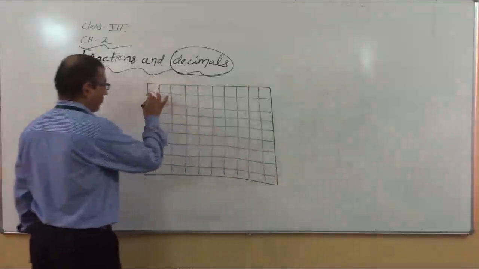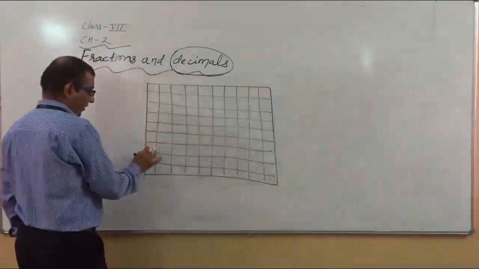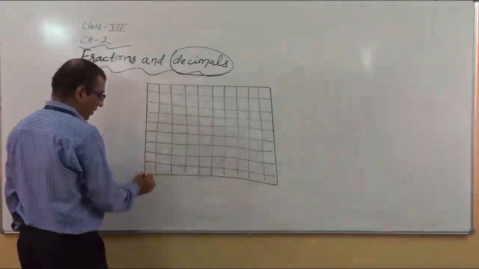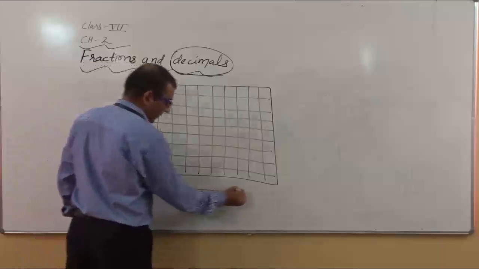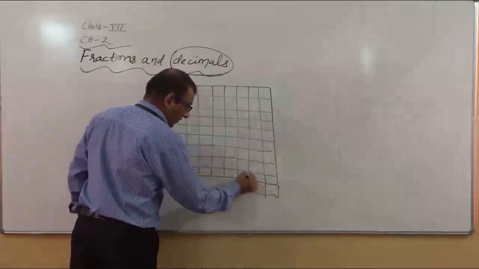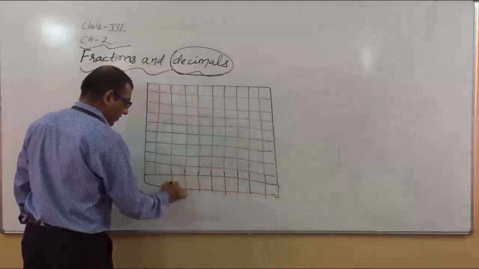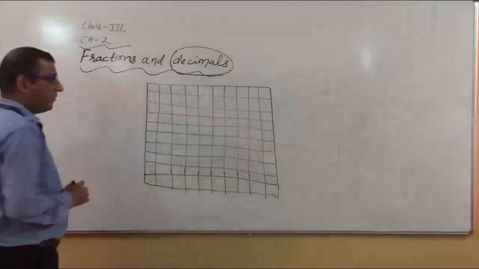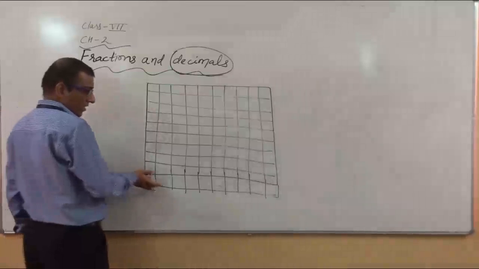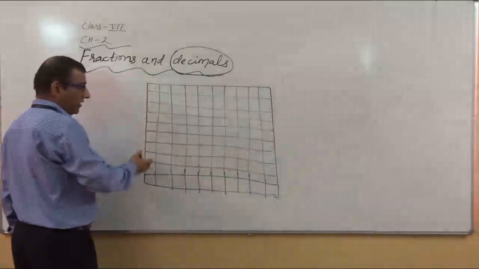So 1, 2, 3, 4, 5, 6, 7, 8, 9, and one more line. Okay. So basically these are known as rows and these are known as columns.